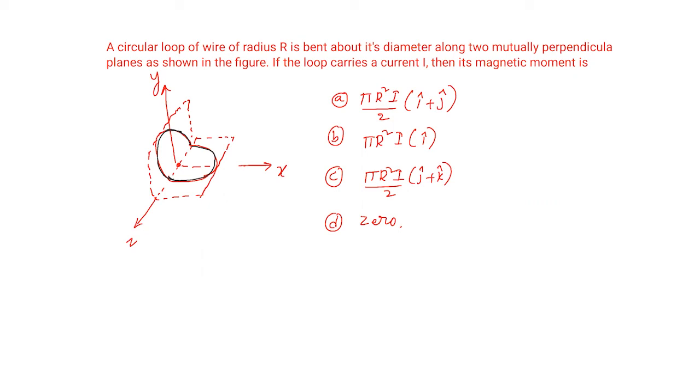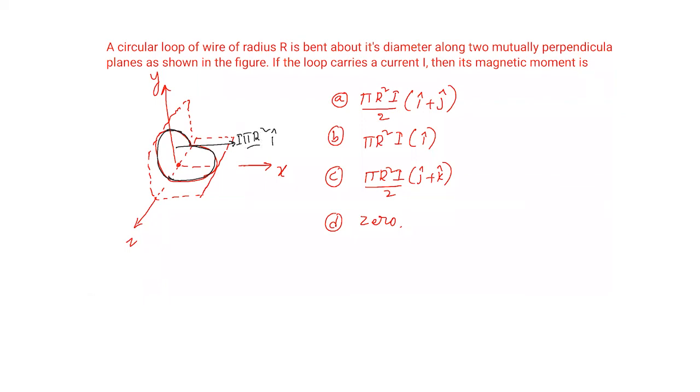Here, this semicircle will have magnetic moment along I cap. It is pi r square by 2 I cap, into I. I into area is magnetic moment.